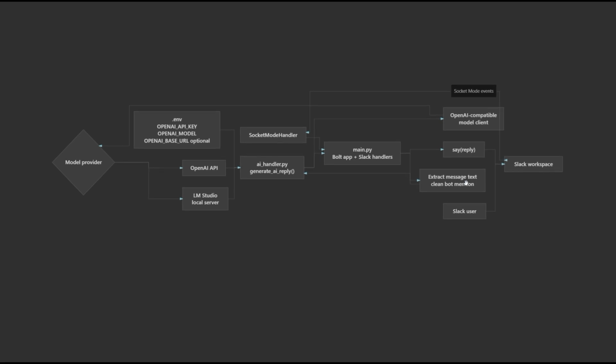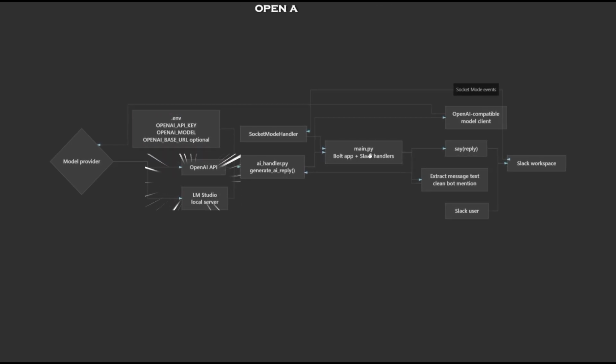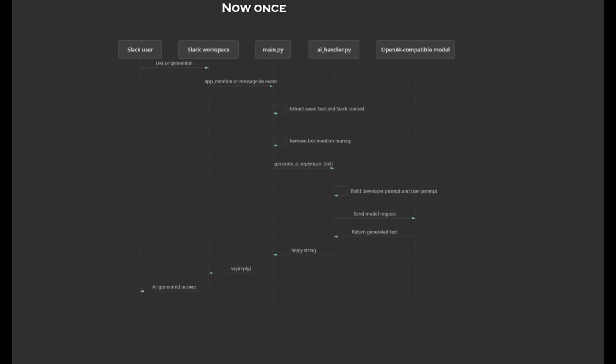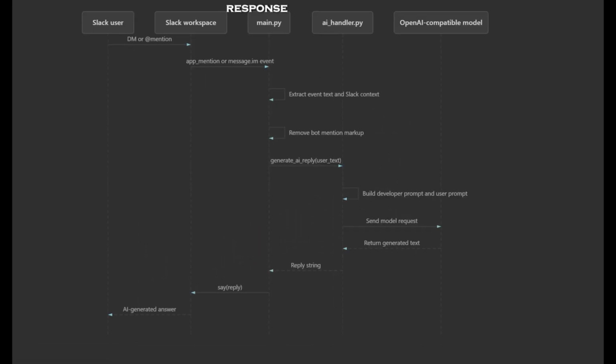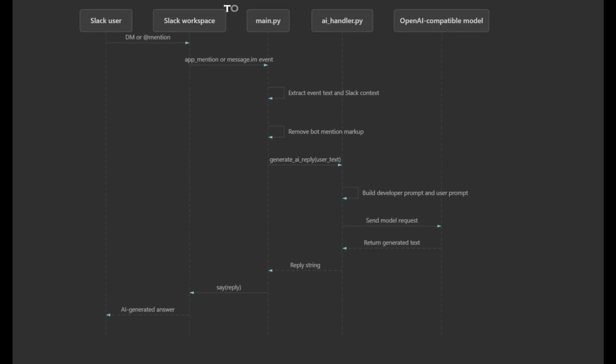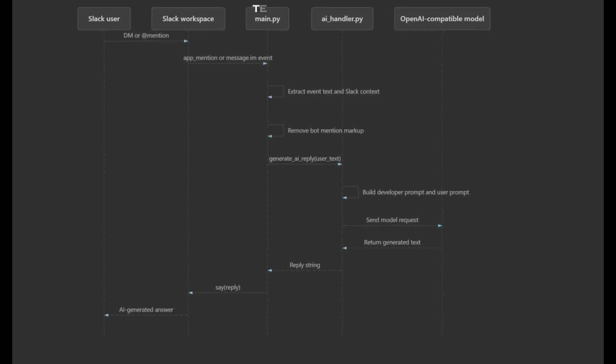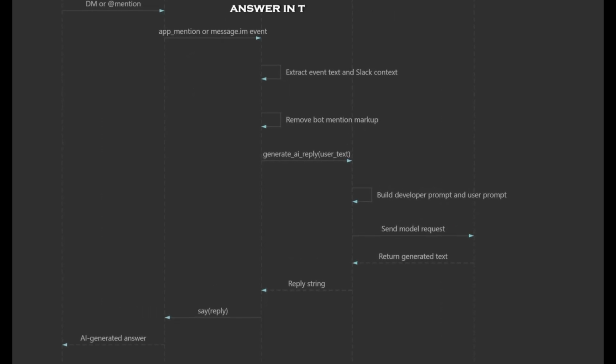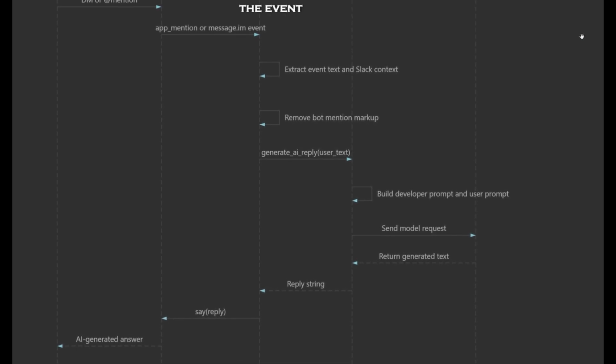We also have our .env for the OpenAI key and model, and we define the OpenAI API or an OpenAI-compatible local server like LM Studio, Llama, or any other. Once the AI generates its response, we use Bolt to post the generated text back to Slack. So the user sees the answer in the channel or the DM, depending on where the event came from.